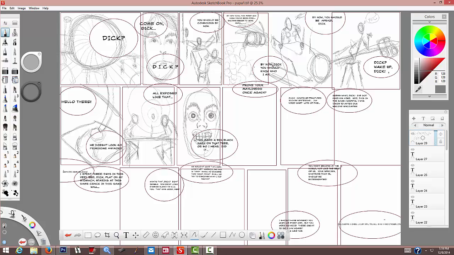No, I know why, it just makes it look more feminine and just better looking, I guess. Anyway, that would be Dick. And you made a big mark on that tree to prove your manliness once again, so Dick's eyes are here. As wide as they can be.